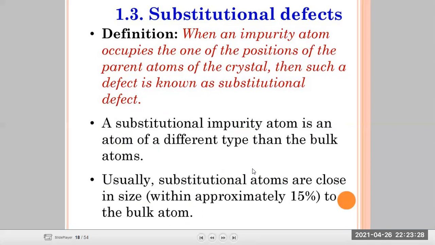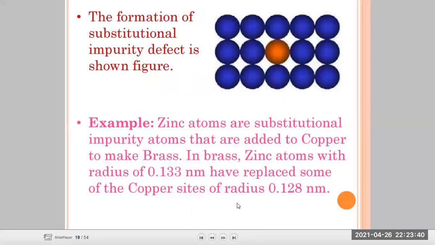Usually substitutional atoms are very close in size, with very little difference. You can see the formation of a substitutional impurity. There are parent atoms shown with blue spheres, and if I replace a parent atom with a foreign atom, that is the reason we colored that sphere differently.